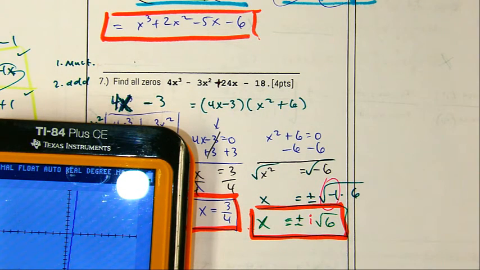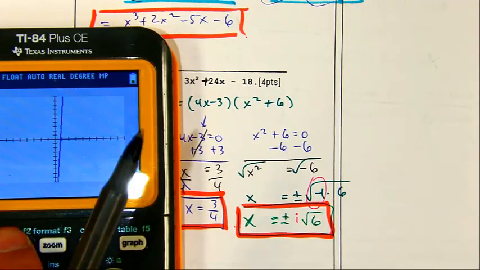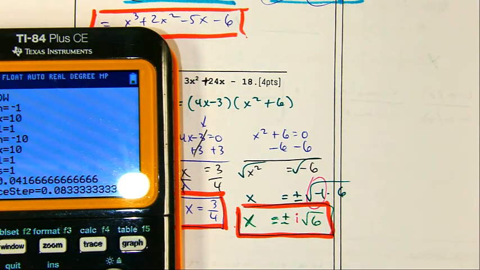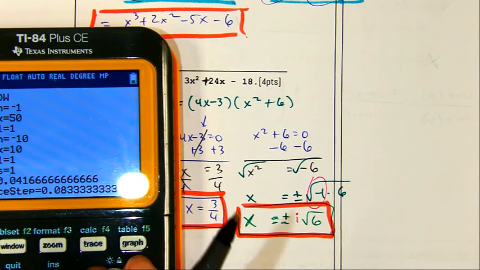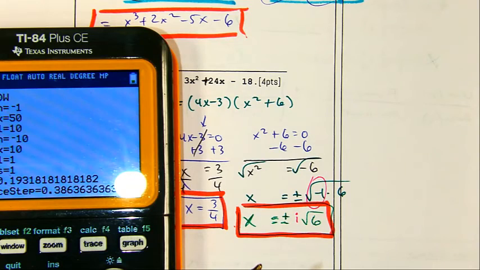And really, this is all you really need to know, that it's just crossing at 3/4. Let's change the window. X min -1, x max maybe. I didn't see a graph come back down, so let's say 50. Count by tens. Y minimum, sure, -10, and let's go to 100 and count by tens.